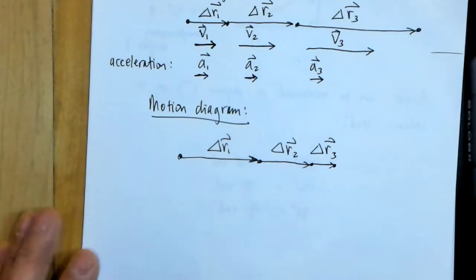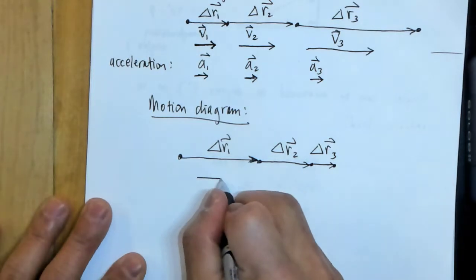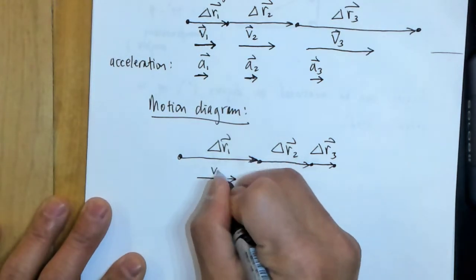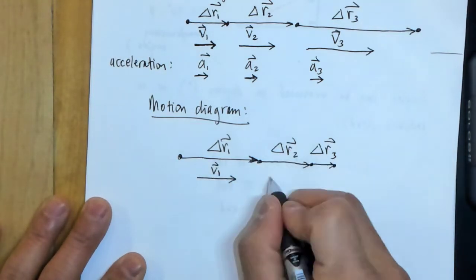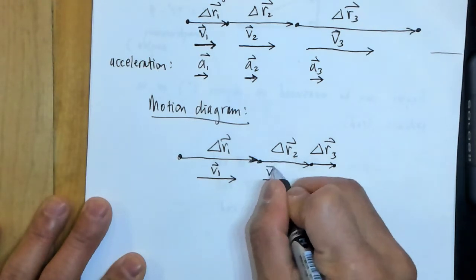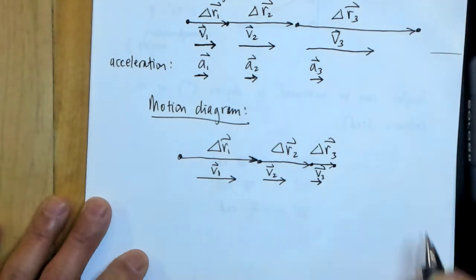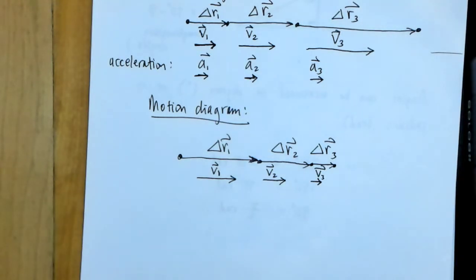And if I put the velocities on for these intervals, let's say this one is v1, then this one will be smaller, v2. This one would be even smaller, v3. Does that make sense to everybody?